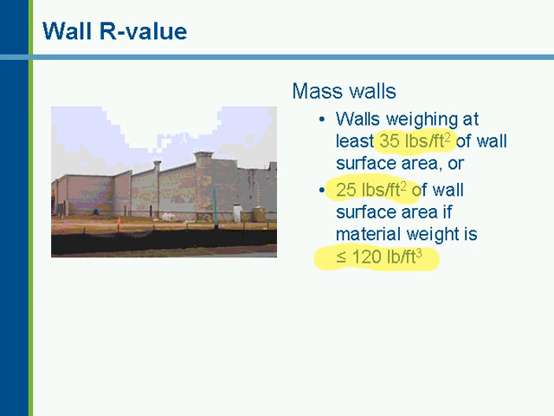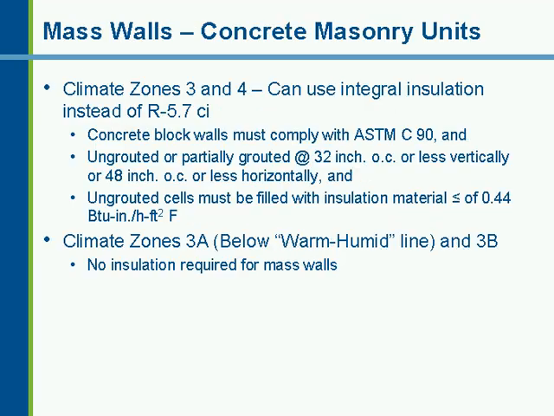Also with mass walls, and we'll see that the insulation requirements really require you to install continuous insulation for your mass wall systems. And you have a couple of different options on there. For example, on Climate Zone 3 and Climate Zone 4, you can actually use integral insulation instead of the continuous insulation installed on the exterior of the mass wall.